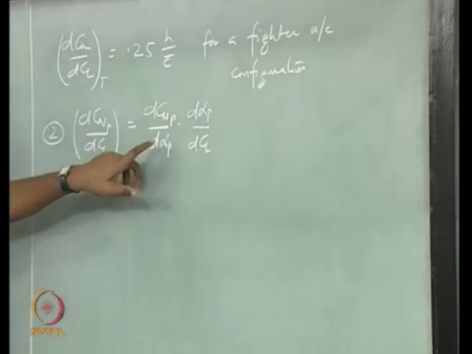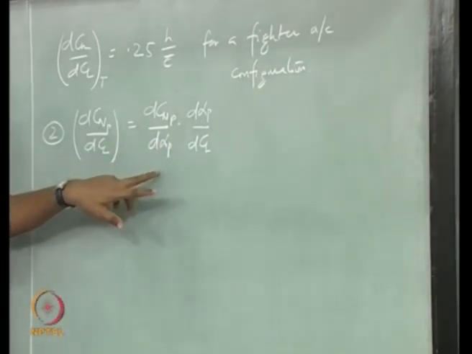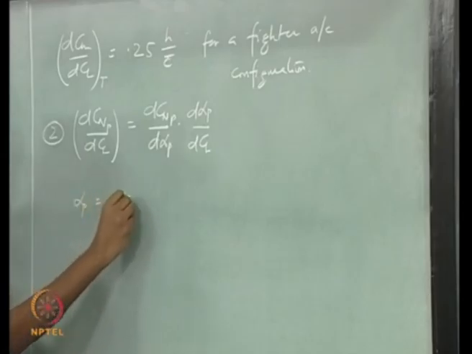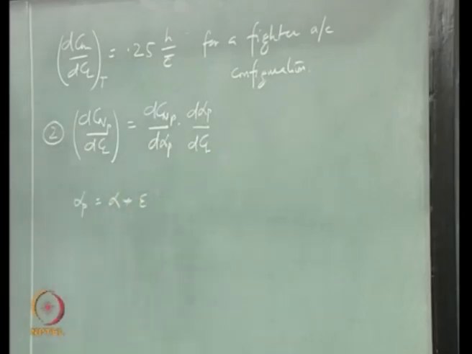The angle of attack that the propeller is seeing is alpha p, and alpha p is alpha plus epsilon, right.